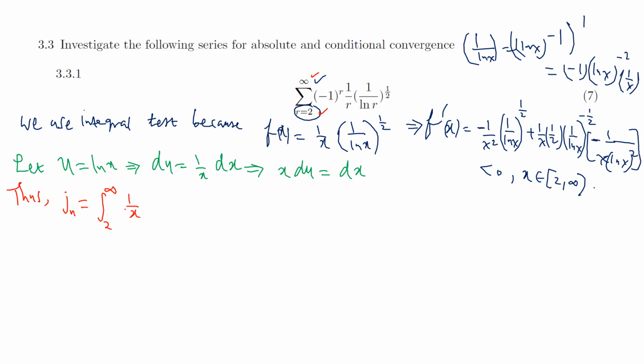We're dealing with the integral test, but we are taking the part without the -1 to the power r. So we have 1 over ln x to the power 1/2 dx.